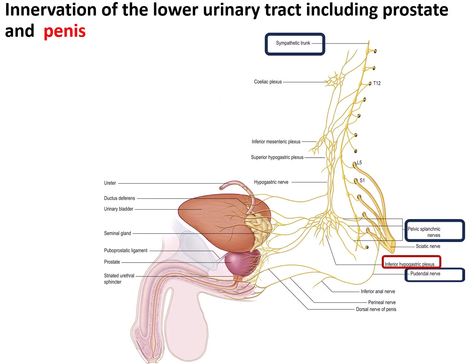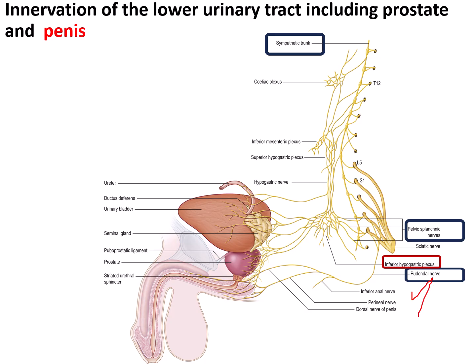Here is the nerve supply of the penis, including other structures like the prostate, seminal vesicle, vas, and bladder. As you see here, the nerve supply of the penis mainly comes from the pudendal nerve, through its branch, which is the dorsal nerve of the penis.